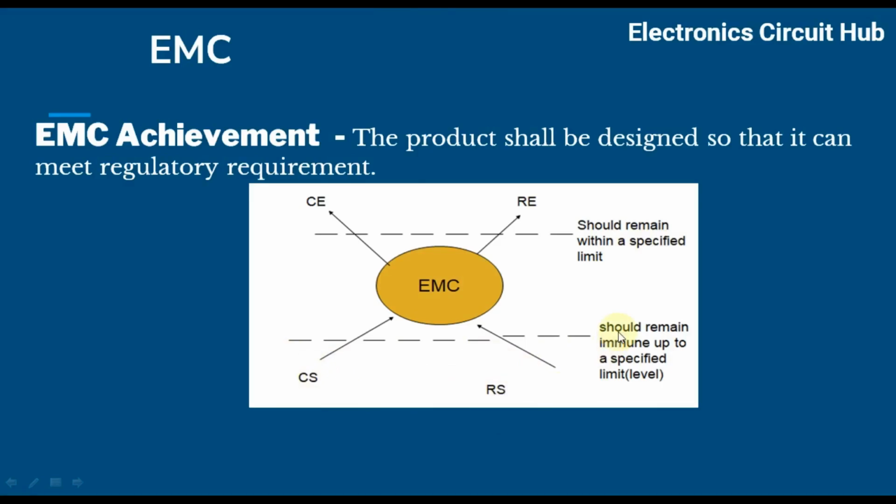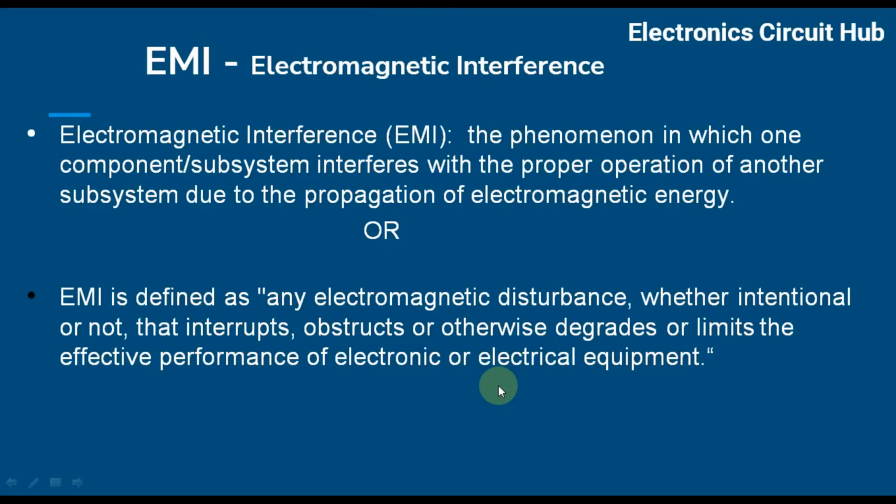Your product should remain immune up to a specified limit, right? So if you have these limits for CE, RE, CS and RS, you can say you have your EMC achievement. Until now we have understood what EMC is and how many types of EMC we have, like EMI and EMS. Let us understand particular things.